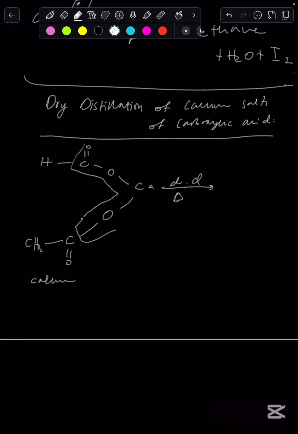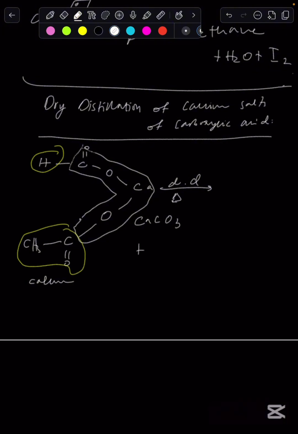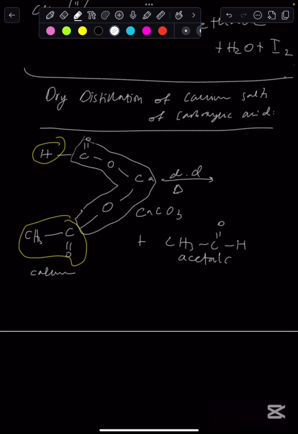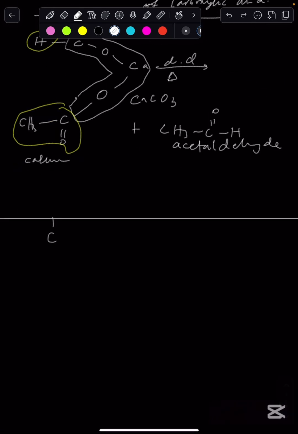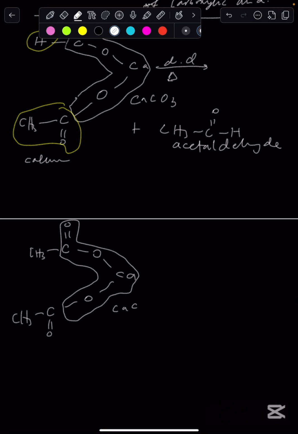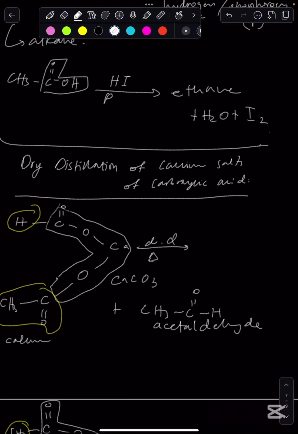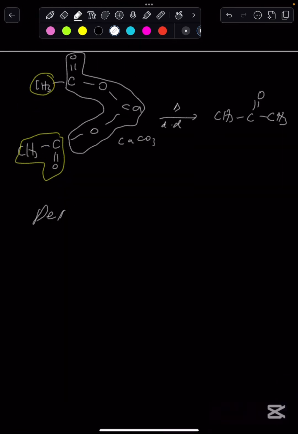It has 3 carbons and it's going to get removed as CaCO3. And then what we're going to form from here, we're going to take the hydrogen and this, and we form acetaldehyde. We can also form a ketone with it. I'll show you. We'll just replace the hydrogen with an alkyl group. So this is going to get removed as CaCO3, and dry distillation is going to occur, and then we form a ketone from here.